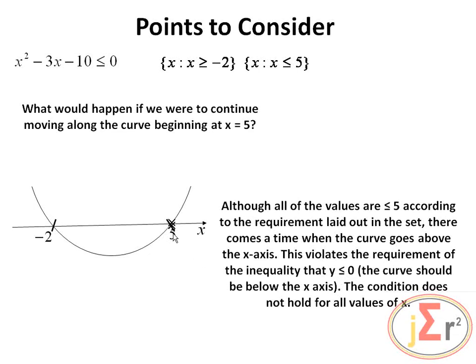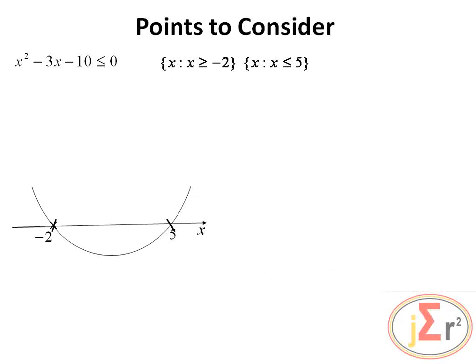But let's see what happens here. Notice we continue, and if we go down still, the curve is going to eventually go above the x-axis. So look again. While we are going down here, we are continuing until we eventually go above the x-axis. But that violates the requirements of the inequality that we have right here that says it should be less than or equal to 0. But notice what happens when we just began.